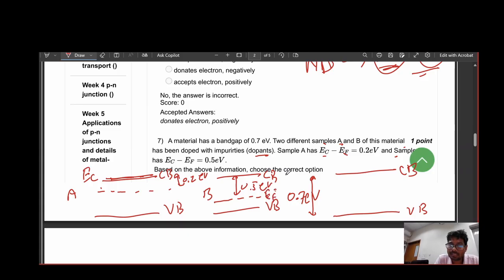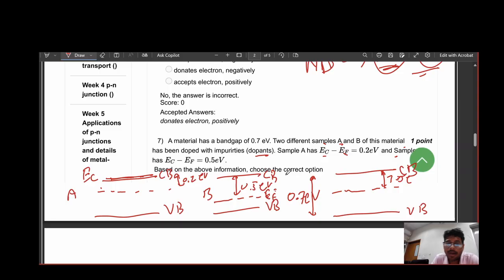Got the point? If it were intrinsic, the Fermi level would be in the middle, at 0.35 electron volts below the conduction band. Got the point or not?